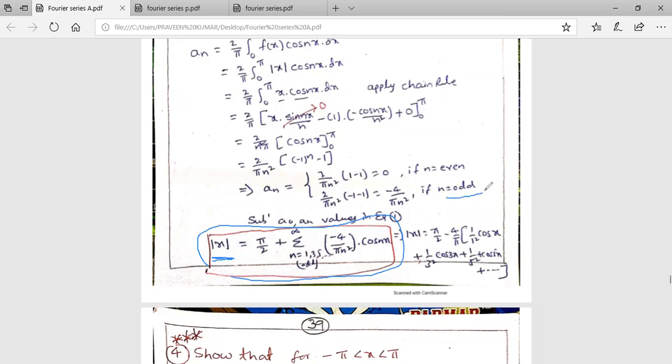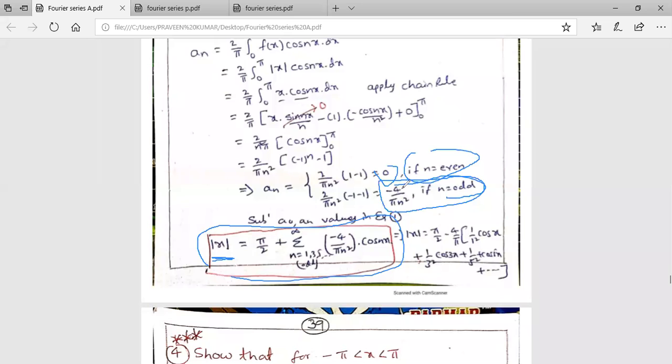Look at here. If n is odd, therefore only we are going to get some result. If n is even, this result is 0. That's what I'm clearly mentioning. It will be defined for n is equal to 1, 3, 5 and so on.